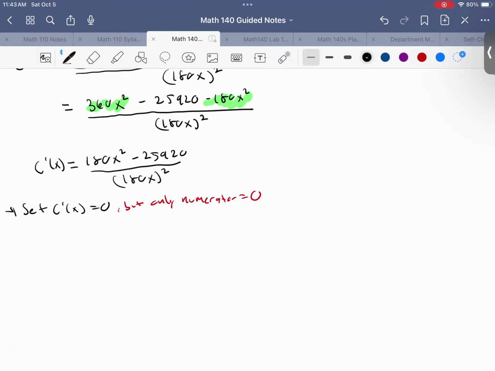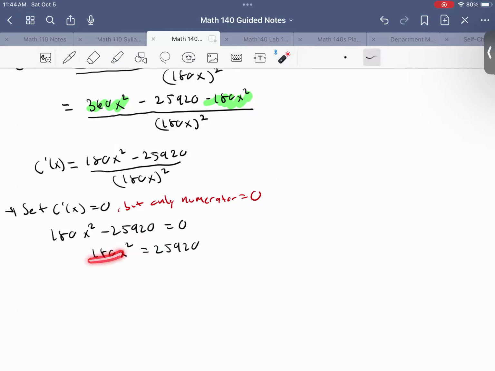So what we'll have here is 180x squared minus 25920 equals 0. I'm going to move this to the right, so I end up with 180x squared equals 25920.